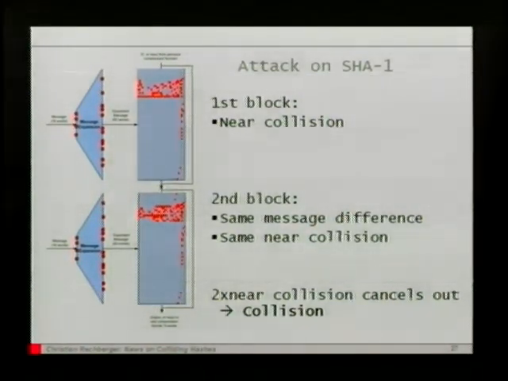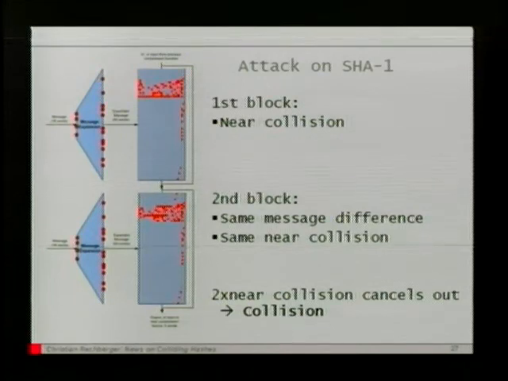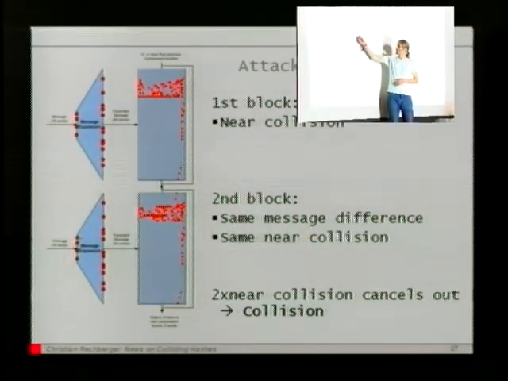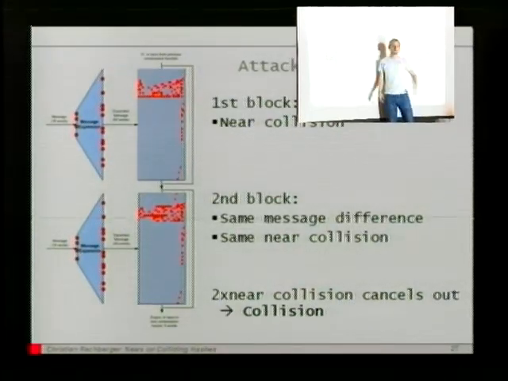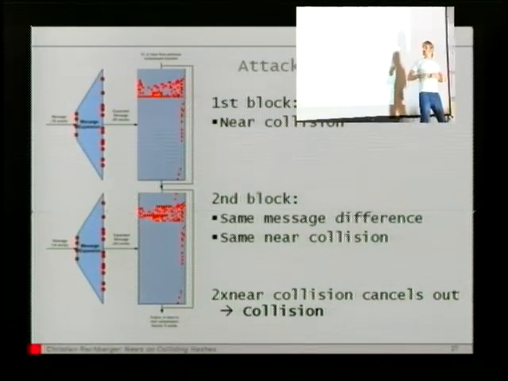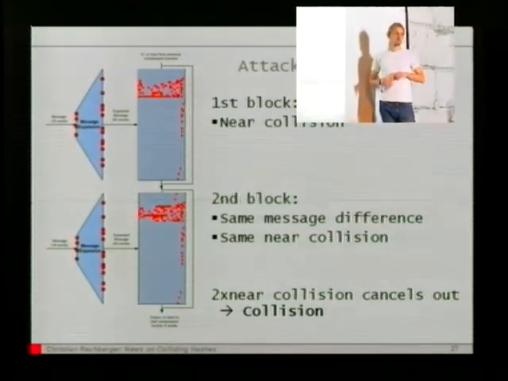What you end up with is exactly the same pattern of red dots in the second block. And you can hope that, because of this feed-forward operation here, those differences cancel out. One near collision cancels the other near collision. Both together, you can have a collision.